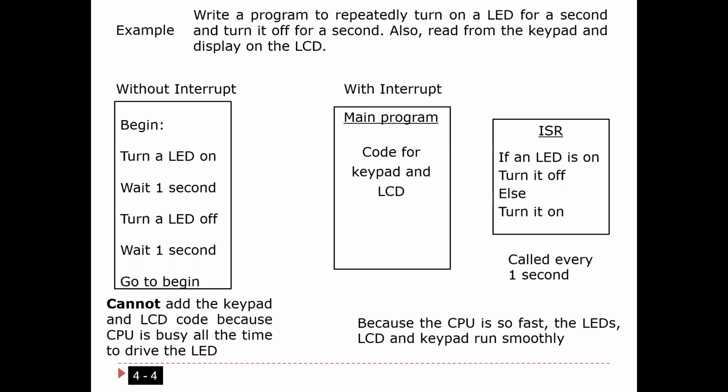For any real application, we should have several tasks. I need the CPU to take care of, for example, sending a signal, the keypad, and if there is a communication, receiving a message from somewhere. Also, it should take care if there is a fire alarm or something coming from the sensor. So I need the CPU to do several things at the same time, multitasking.